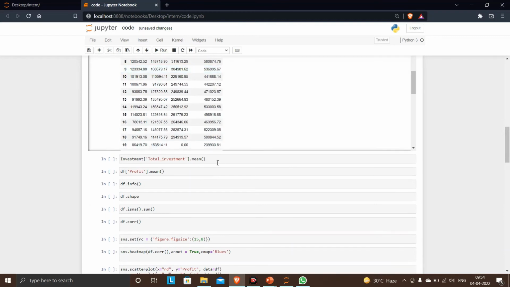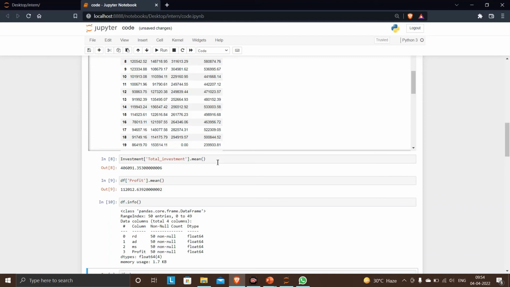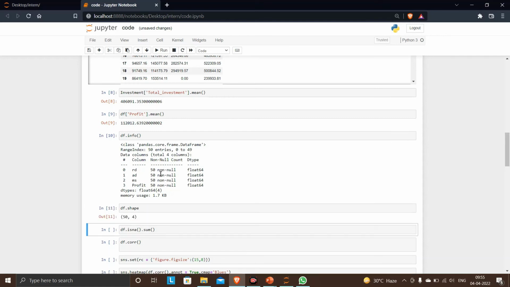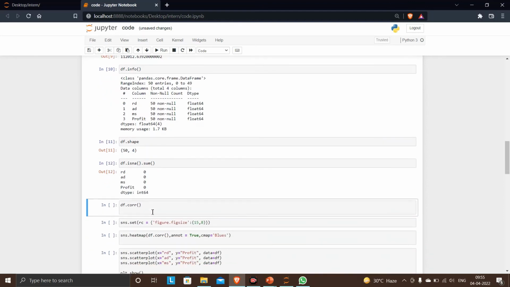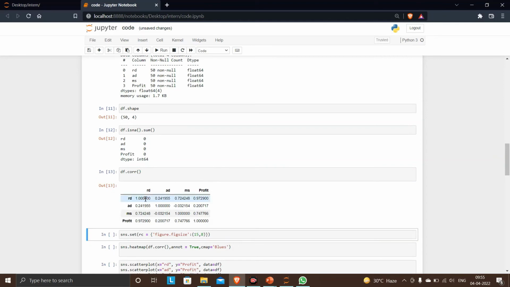Now we can see the mean of total investment, that is, how much we should invest to predict our new data. df.info tells us there are no null values in the dataset, so it will be easy for us to predict. df.shape gives us the number of rows and columns, so there are 50 rows and 4 columns. df.isnull().sum() gives us the number of null values for all of the attributes, which are zero. df.corr() gives us the correlation.